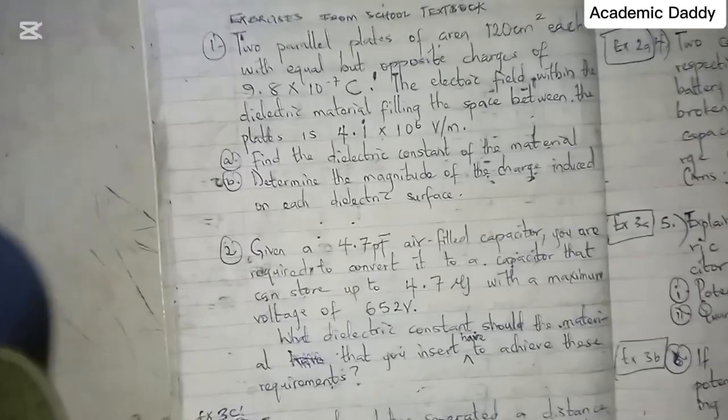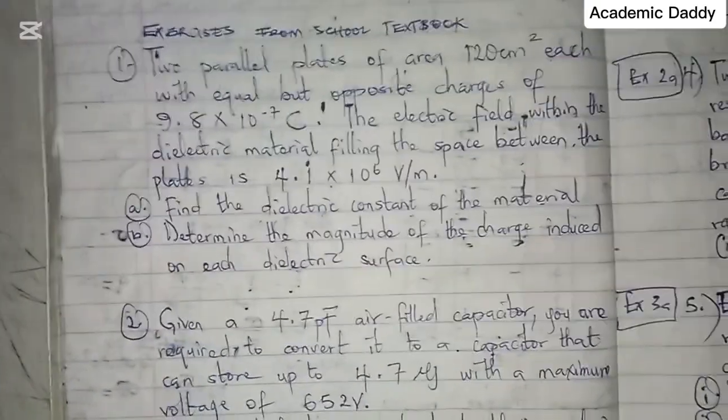So now the B part of the question. So we've gotten the A part. The A part of the question says we should find the dielectric constant of the material, and it's 2.2.